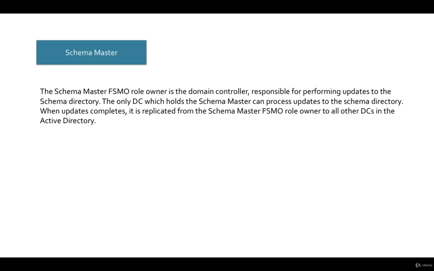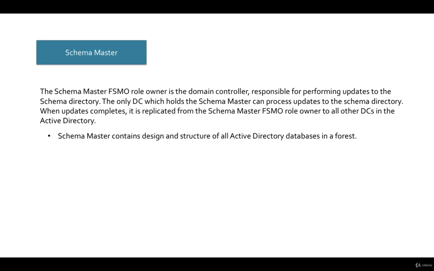Schema master. The schema master FSMO role owner is the domain controller responsible for performing updates to the schema directory. The only DC which holds the schema master can process updates to the schema directory. When updates complete, they are replicated from the schema master FSMO role owner to all other domain controllers in their Active Directory.